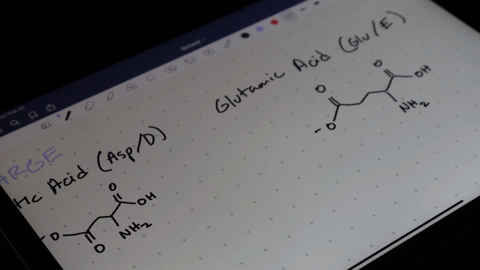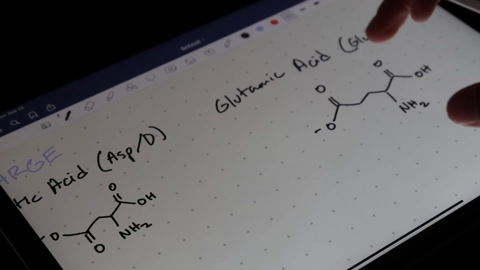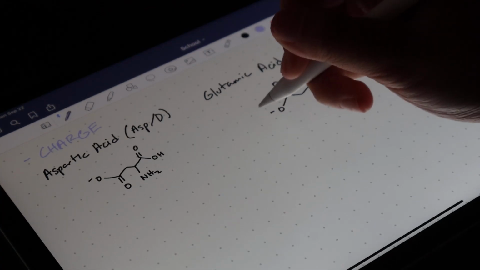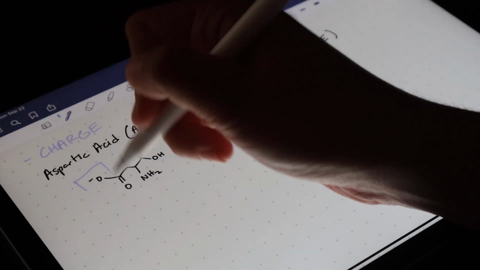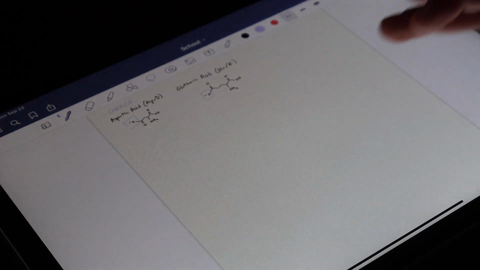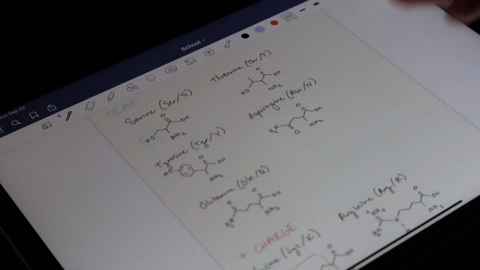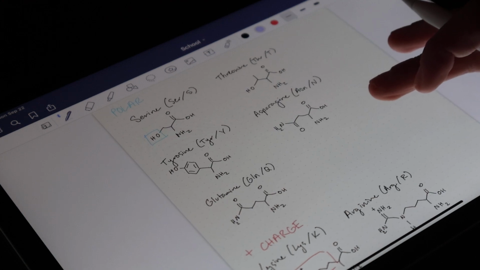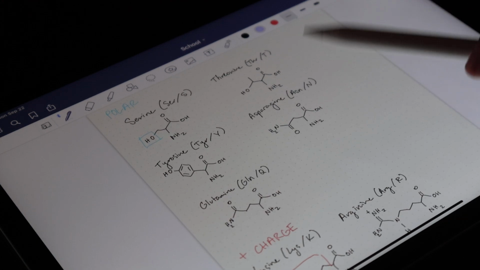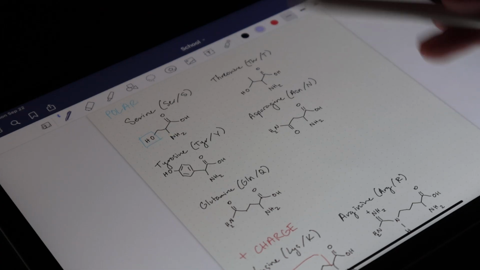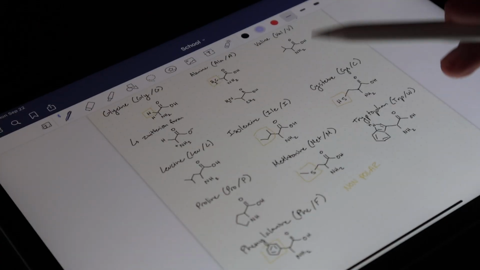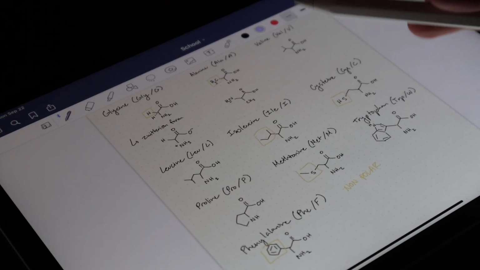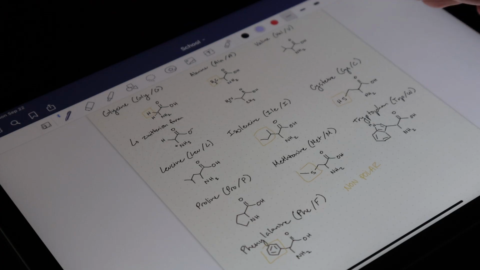And that third one is part of our negatively charged carboxyl. So as I promised, there are our negative charges, and those are all 20 amino acids broken down by their structure and how they're grouped together, and their full 3-character and single character names.